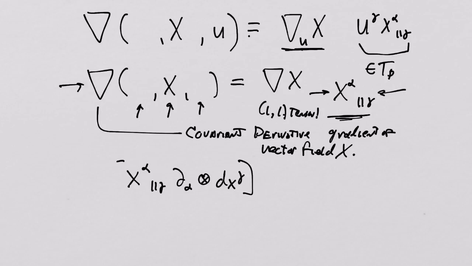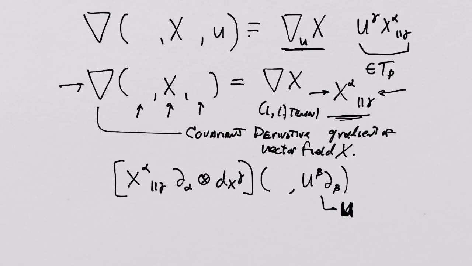This is a mapping, and we feed it a blank slot, and we feed it u, that is, u^β ∂_β. That's the vector u, and this would be a boldface u if you could read the text.